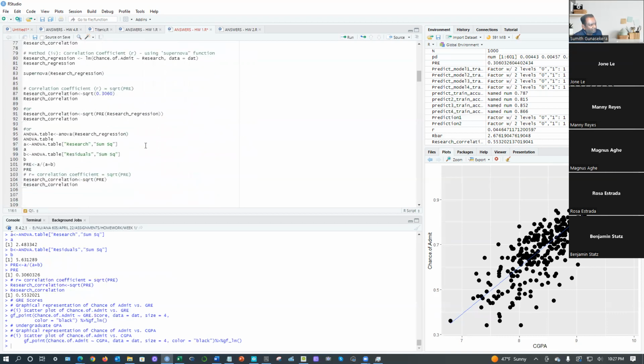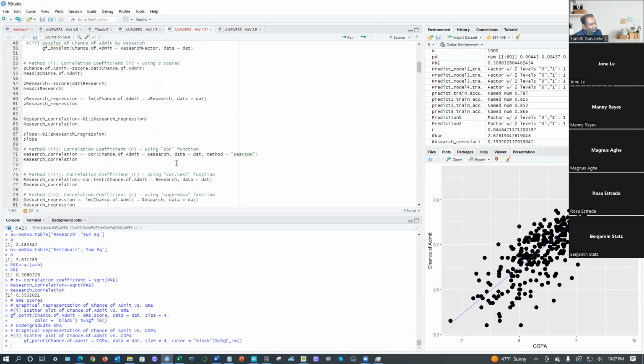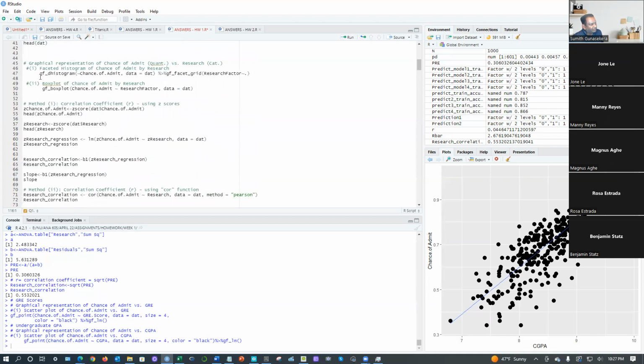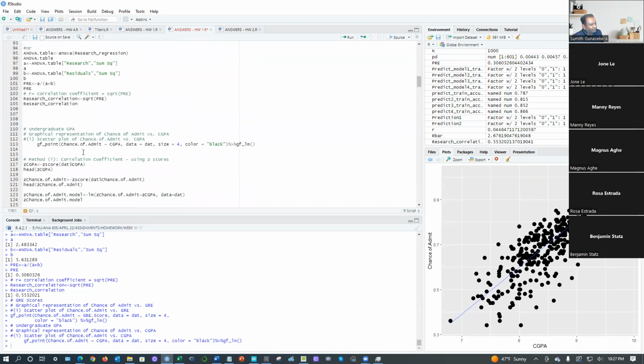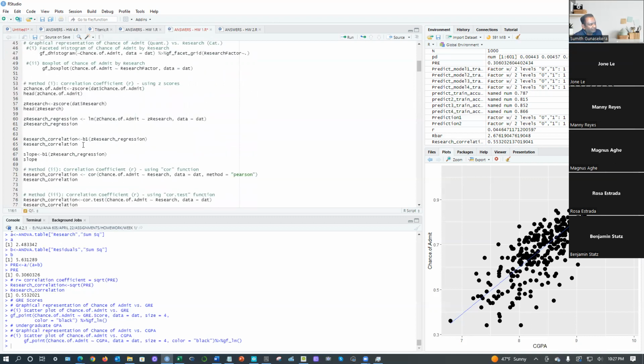For categorical data, you get it done using a box plot and then a histogram, like the faceted histogram. But here it's a scatter plot, a point or jitter plot, so you can get a rough idea how close they are to the fitted line.